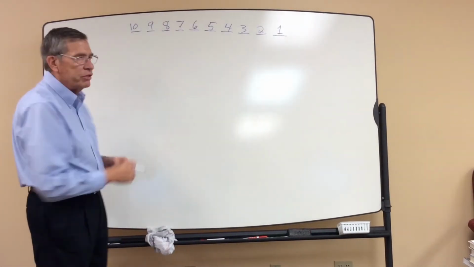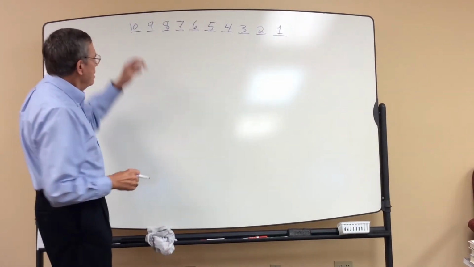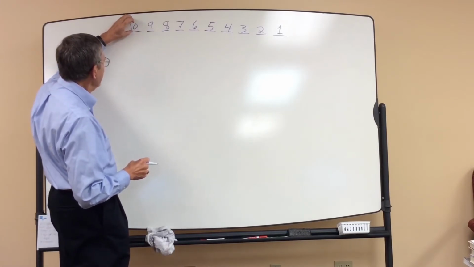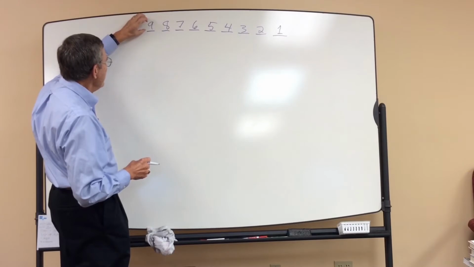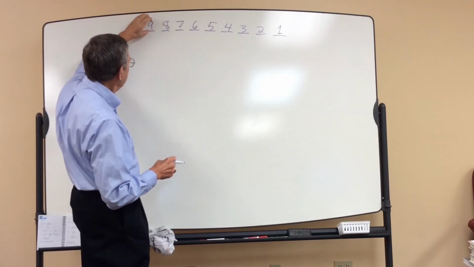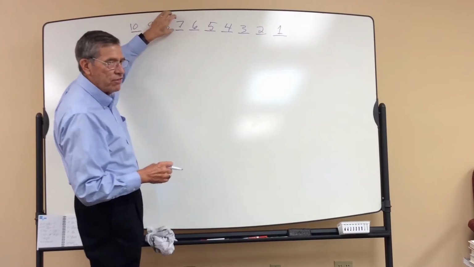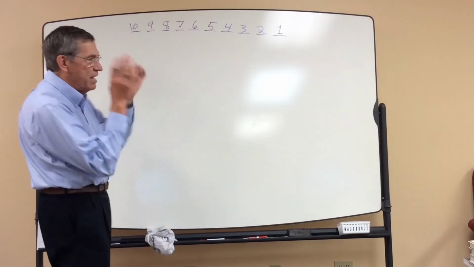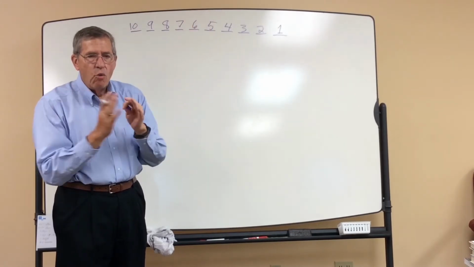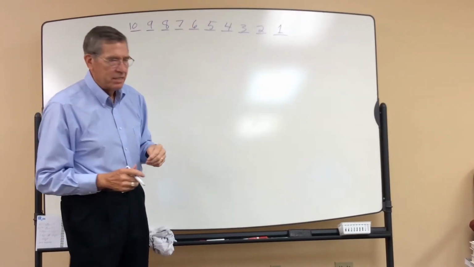So what do I do with those numbers? Well, for every book that I selected here, I have 9 options for the second. For every book I selected here, I have 8 options for the third. So if you think about that, it expands as you walk down through your assignment list.